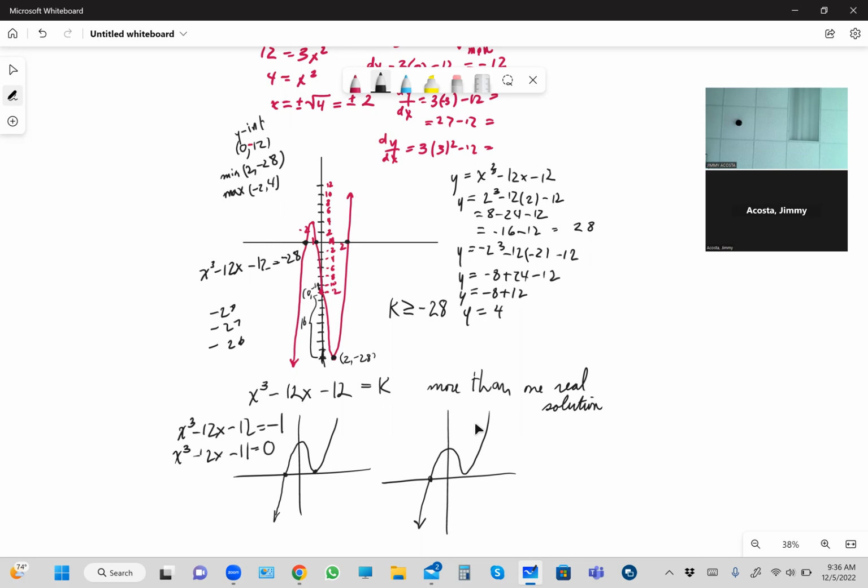All right, so if I pick negative 28.01, how many solutions will I have? No, at negative 28, I have 2. But the moment I push over, it's gonna go down to 1. So it's 1 when it's less than negative 28.